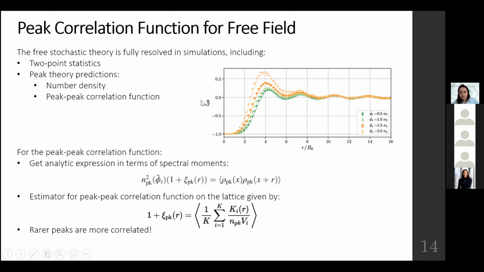I should mention that a correlator equal to 0 implies that the peaks are uniformly distributed. So rather than being uniformly spaced out, as perhaps intuition would dictate, the peaks tend to clump up together, and the rarer the peaks are, so the higher the threshold, the more clumped together they are, the more clustered they are.